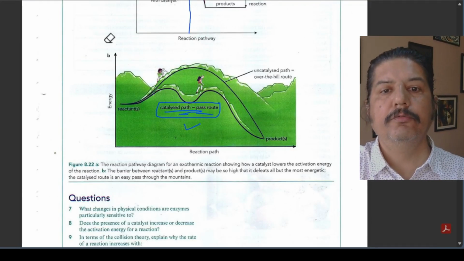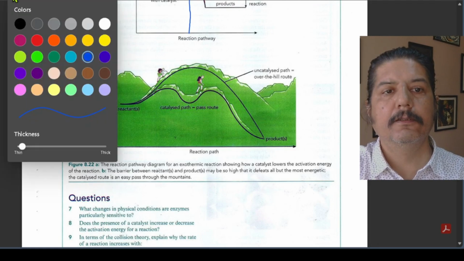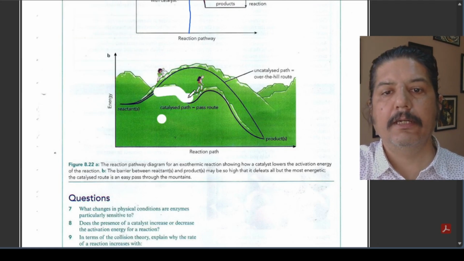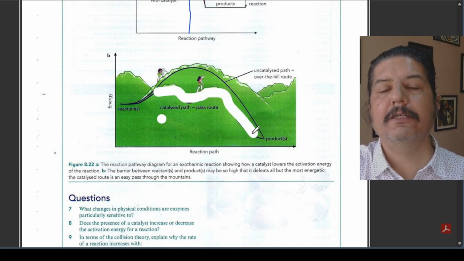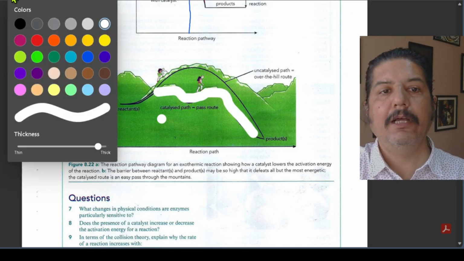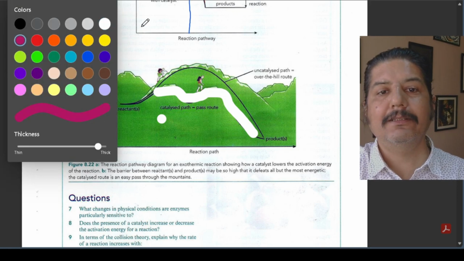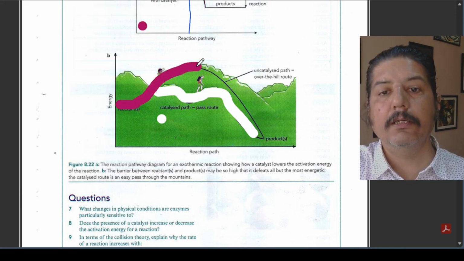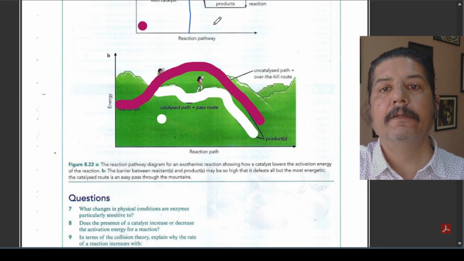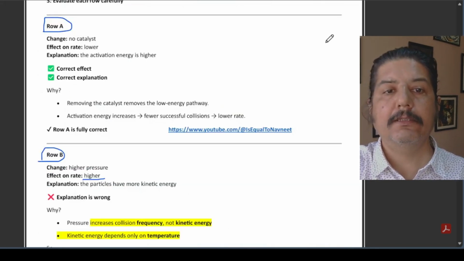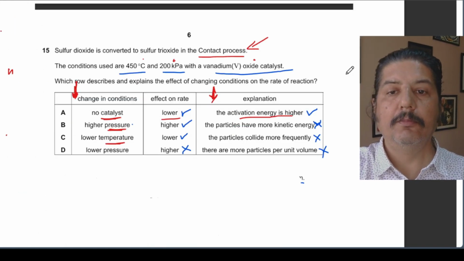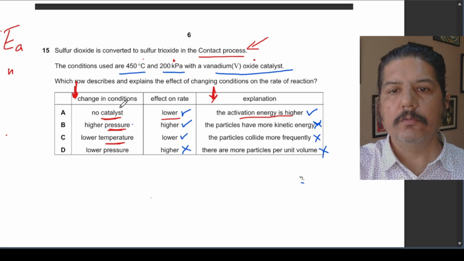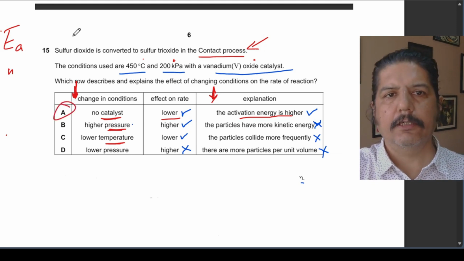So if you remove the catalyst, this path is removed, and the reaction will have to take the path which uses more activation energy. And always remember that the symbol for activation energy is EA. This is how it is written. So this is the correct answer. The correct answer is A.